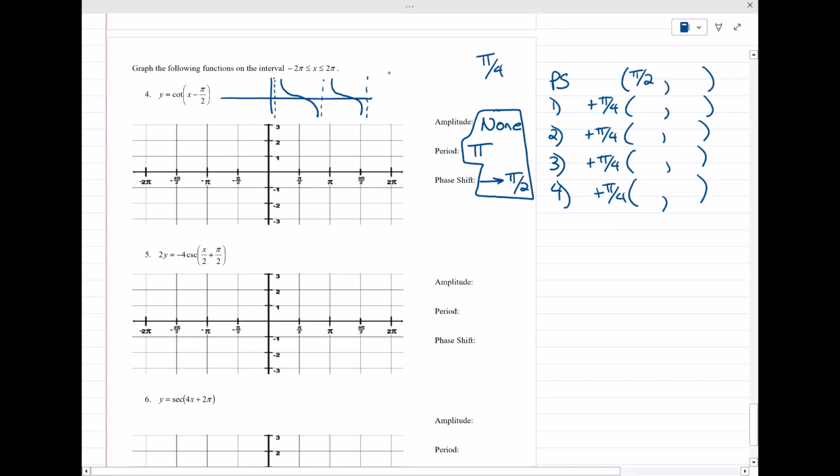So remember, when you're looking at the points, it looks like we have one right here, 2, 3, 4, and 5. So the first is going to be undefined. Then we're going to go 1, 0, -1, and undefined.